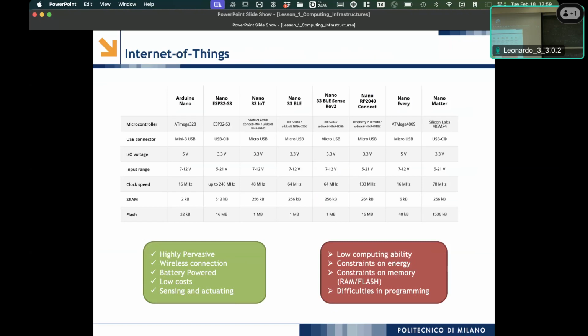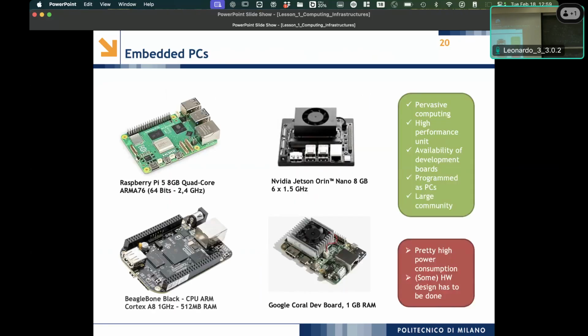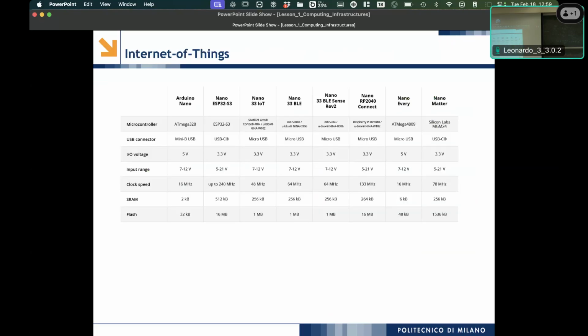And here programming is much more difficult, because in the previous slide you still had an operating system you could rely on for running your application. Here you don't. So you have to write the software to access the sensors, for example. Here you usually have development kits customized by the hardware provider, and so programming is much more difficult.